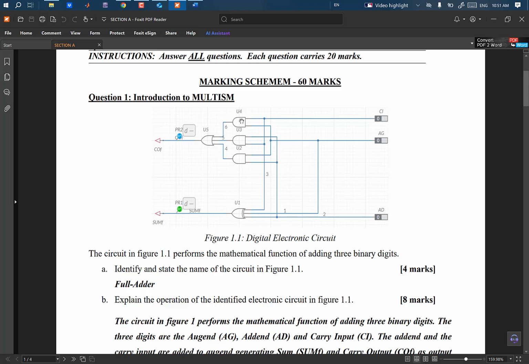So you see 3 AND gates, an OR gate, an XOR gate, and then you see 3 inputs, an augend and an addend and then a carry, and then the outputs you have sum and carry out.